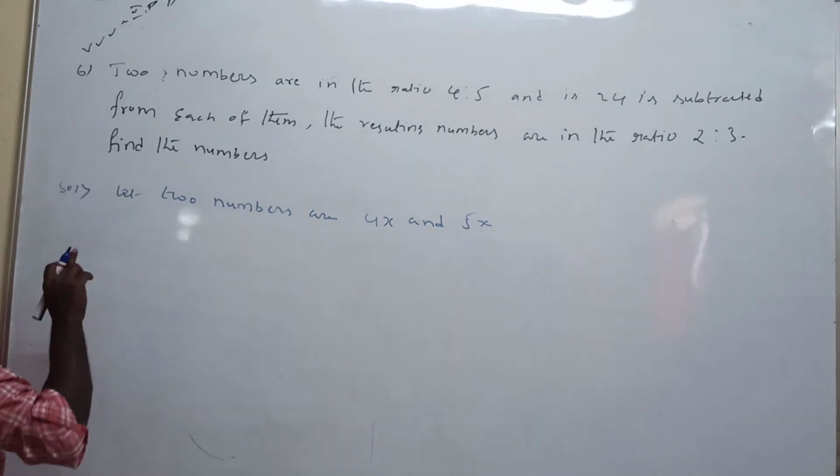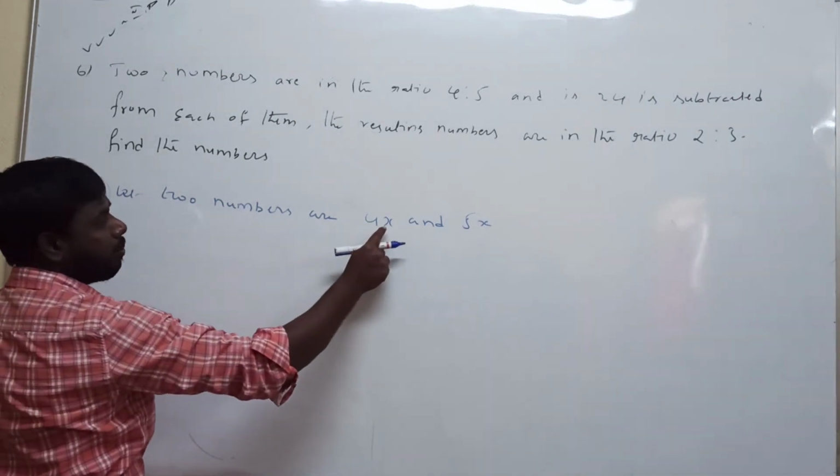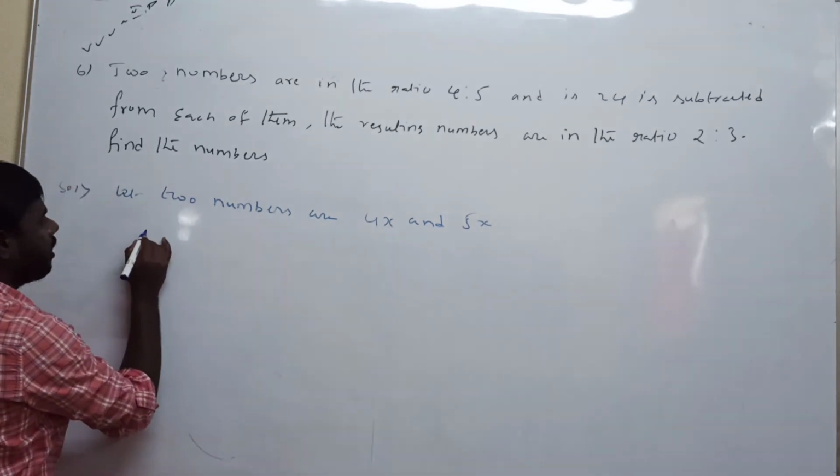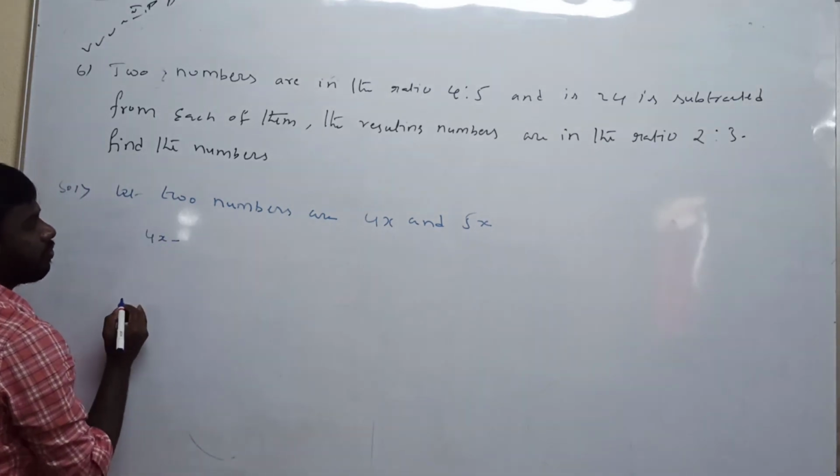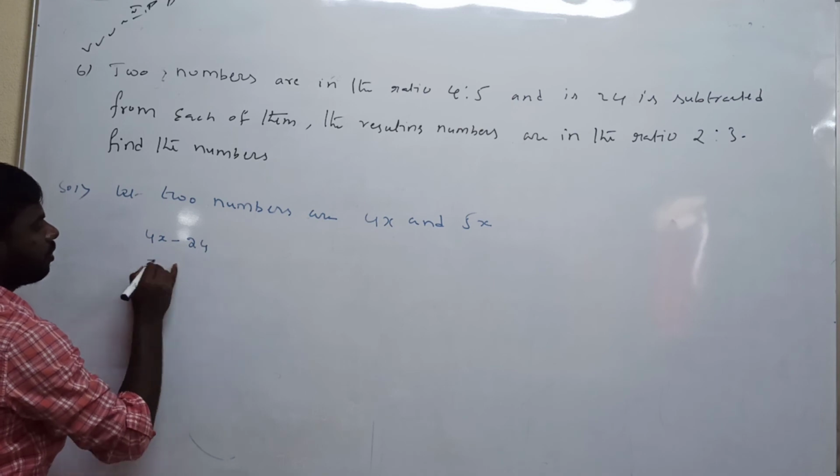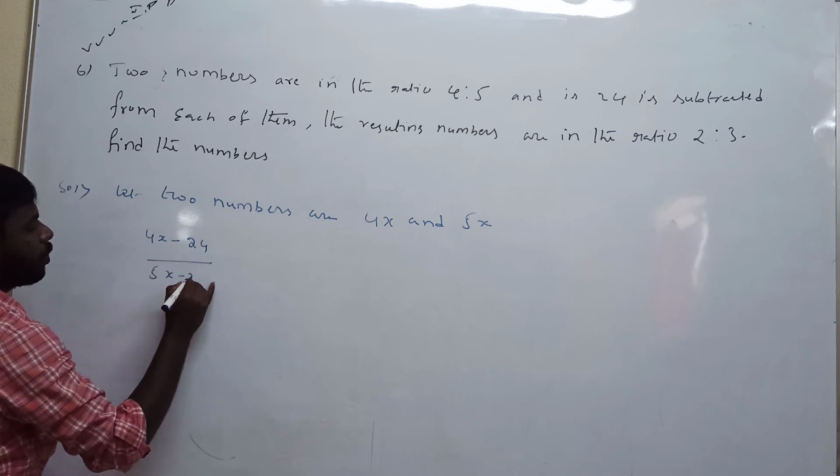24 is subtracted from each of the two numbers. So the first number is 4x subtract 24, and the second number is 5x subtract 24.